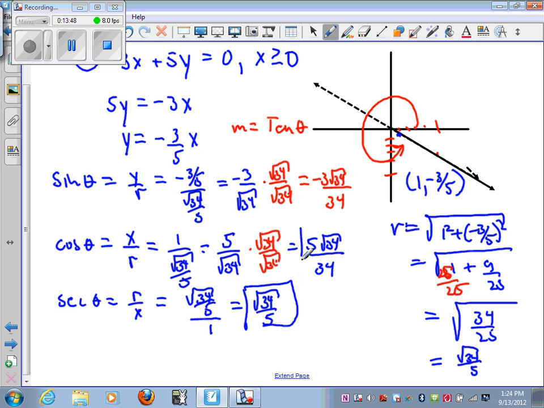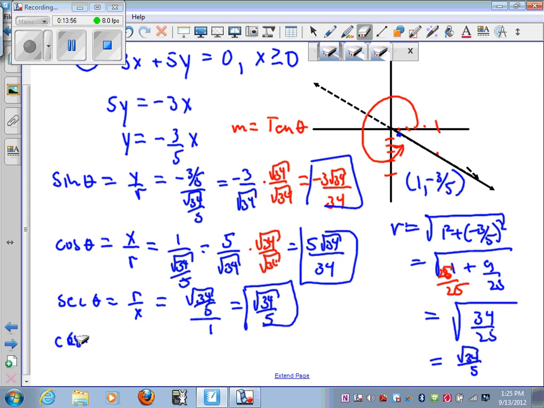That's secant, cosine, sine, cosecant is going to be r over y, and r is the square root of 34 over 5, and y is a -3/5.